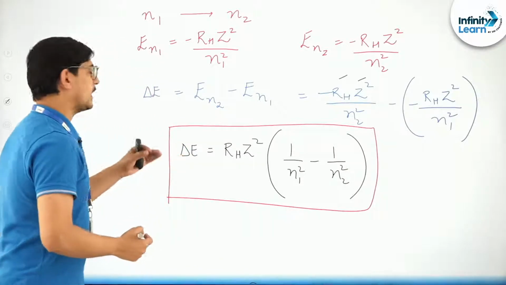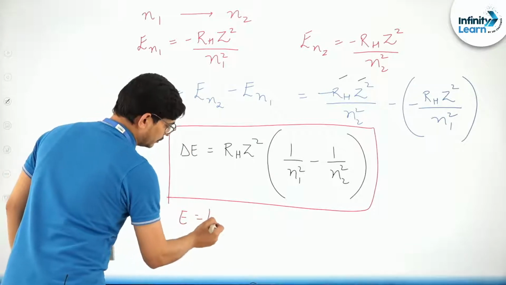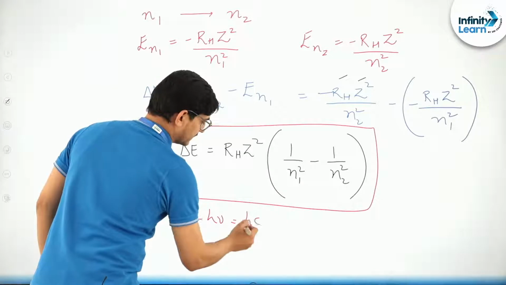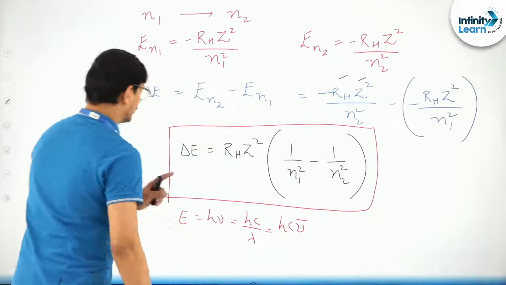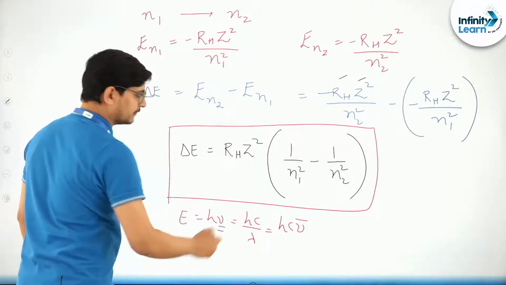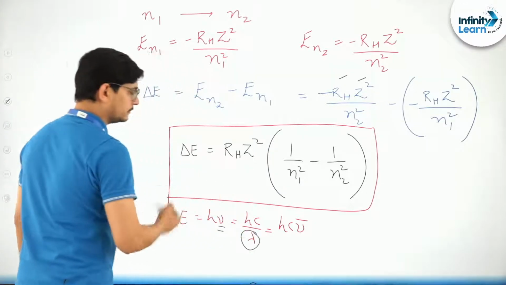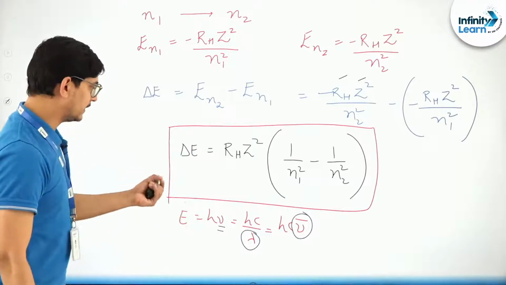And you don't have to remember a lot of values, okay? You guys know that energy is equal to h nu, Planck's equation. It is equal to hc by lambda, and it is equal to hc nu bar. So you can use these relations to calculate the frequency of the photon which is absorbed or emitted, or the wavelength of the photon, or the wave number of the photon. And let me make your work a little easier here.